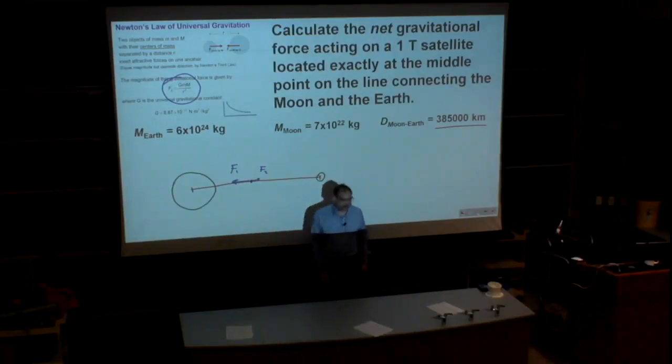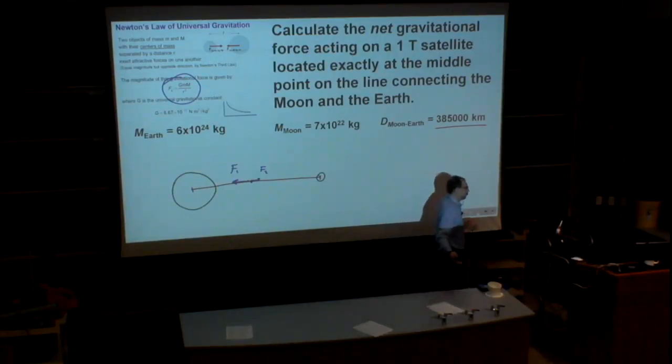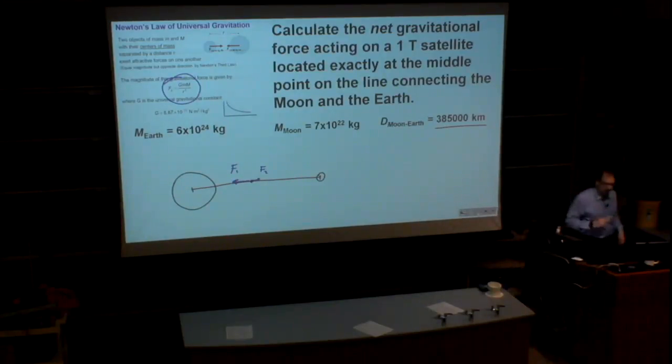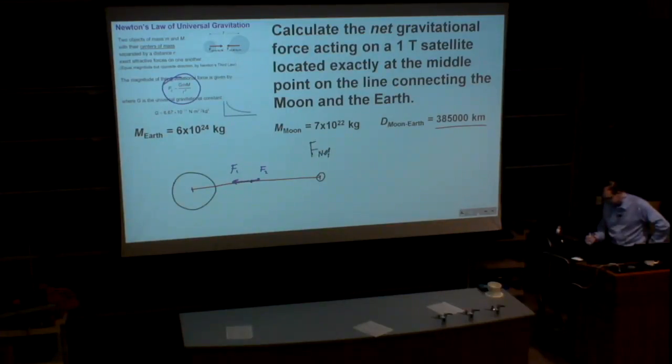And of course, the Earth is much heavier, so it exerts a stronger force at that location, and the net force points toward the Earth, but the Moon pulls it away. Anyway, if we want to calculate the magnitude of that net force, we have to subtract two magnitudes.